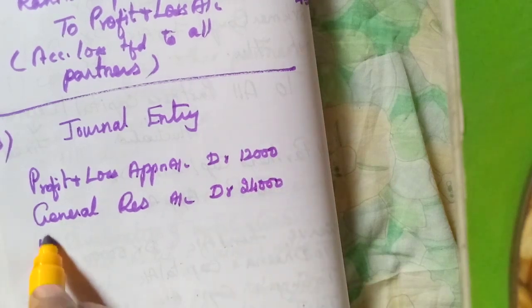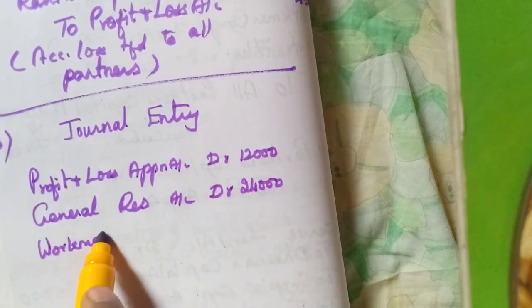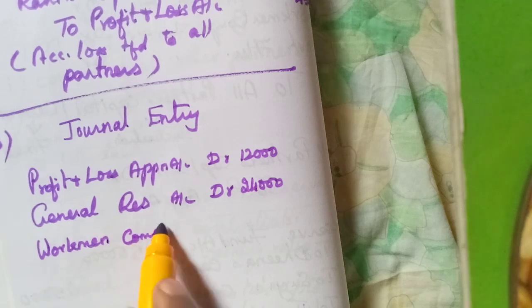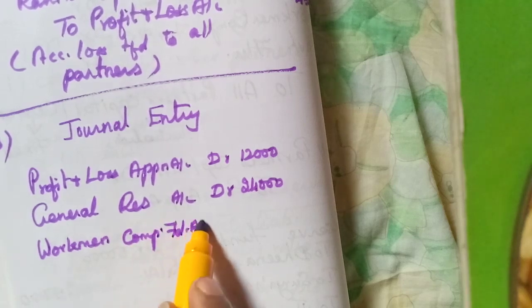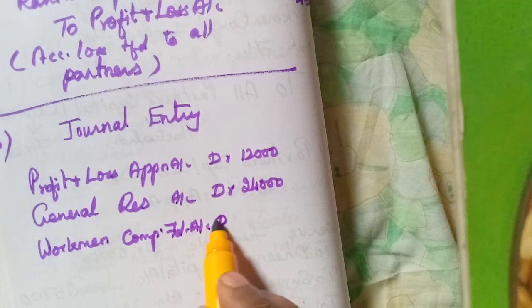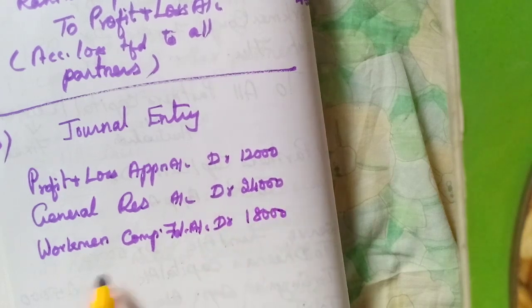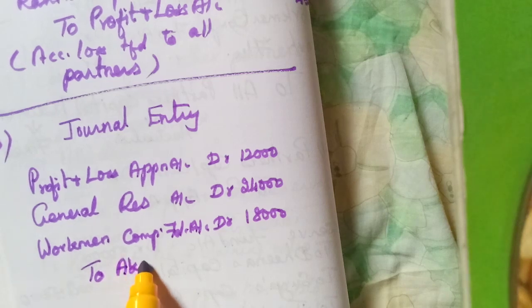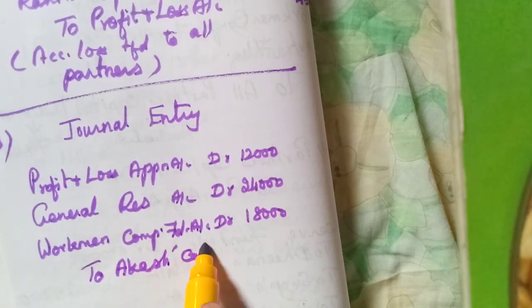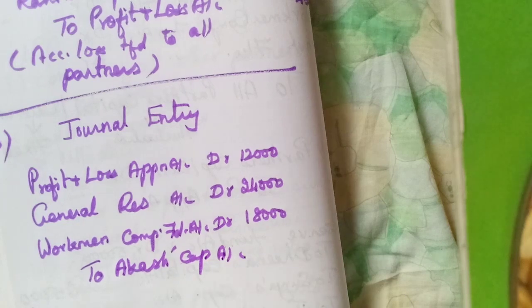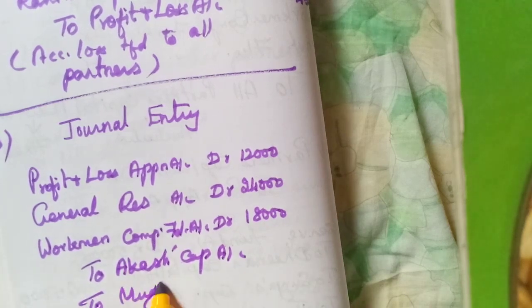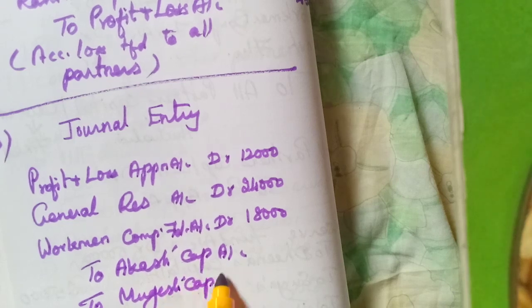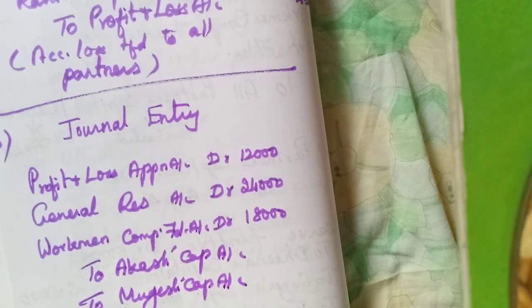Then workman compensation fund account 18,000. To all partners. Partners' names: Akash capital account, Mukesh capital account, to Sanjay's capital account.